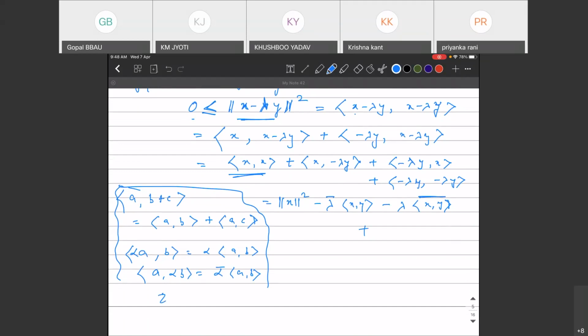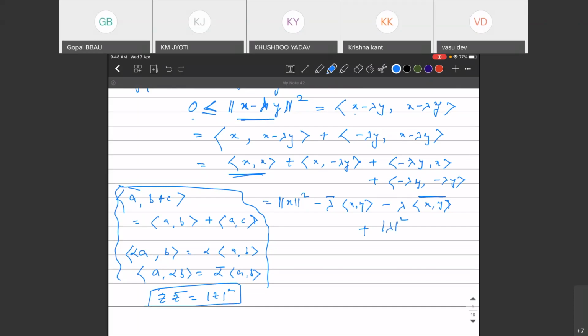Recall that z bar times z is mod z squared. Here lambda is a scalar, it may be a complex number or a real number. If it is real, then it is simply lambda squared. But if it is a complex number, then we use that equality: z z bar is mod z squared.